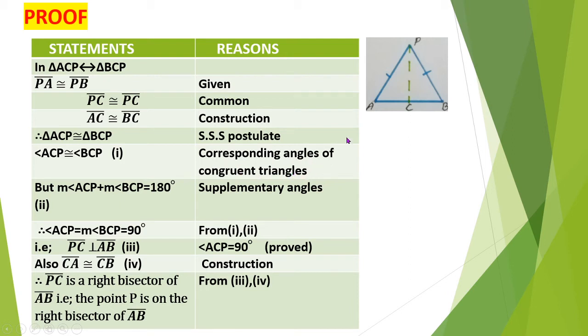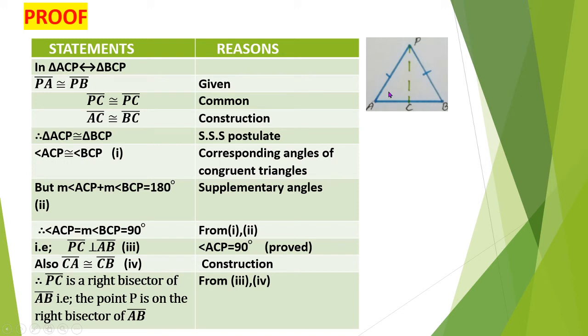But if we combine angle ACP plus angle BCP, they make this straight line. They are completing this 180-degree angle, so these two angles are supplementary angles, as their sum is equal to 180 degrees.